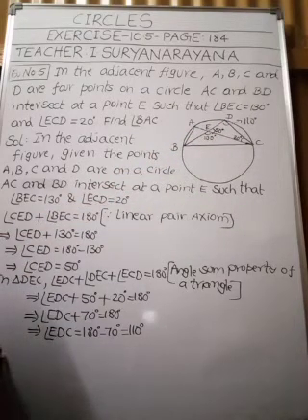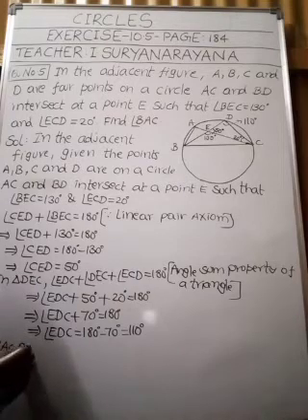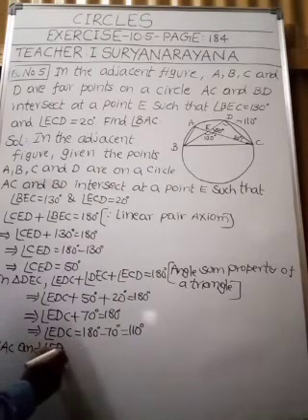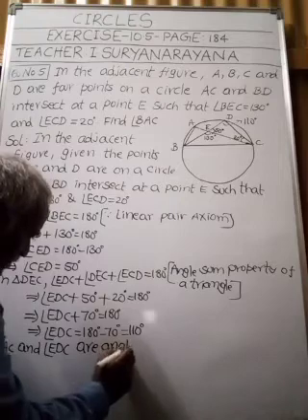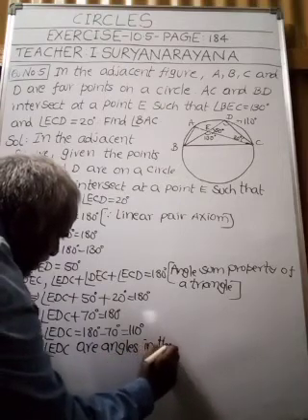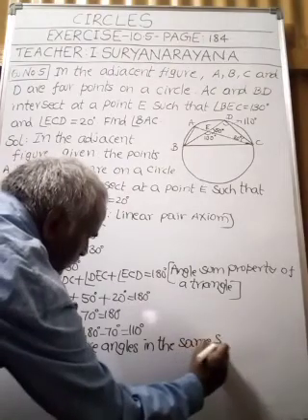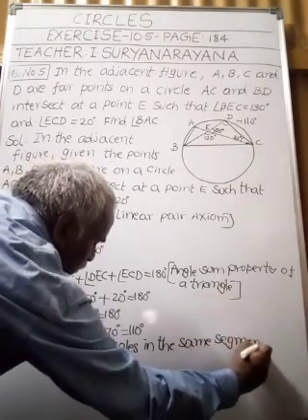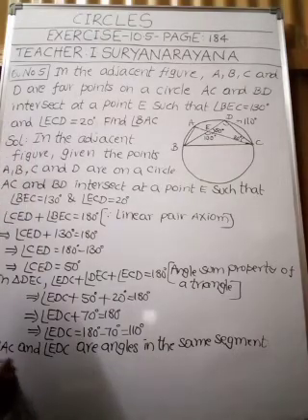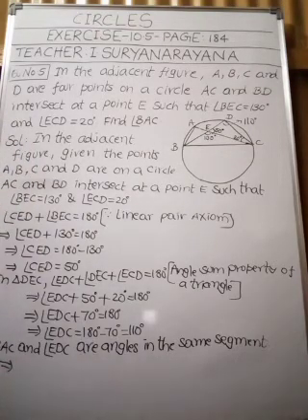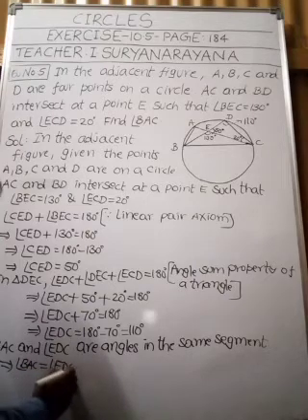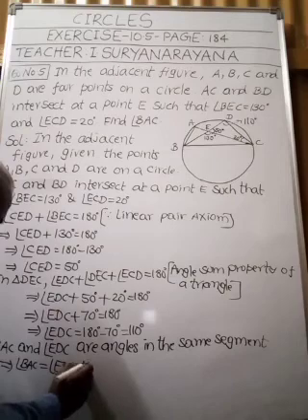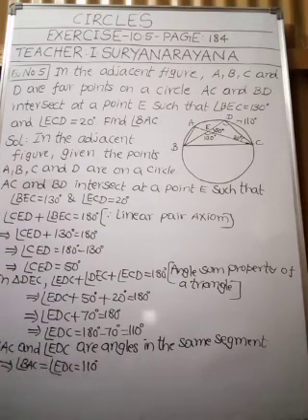Angle BAC and angle EDC are angles in the same segment. We know the property: angles in the same segment of a circle are equal. This implies angle BAC is equal to angle EDC. We have found angle EDC value, that is 110 degrees. So this is angle BAC.